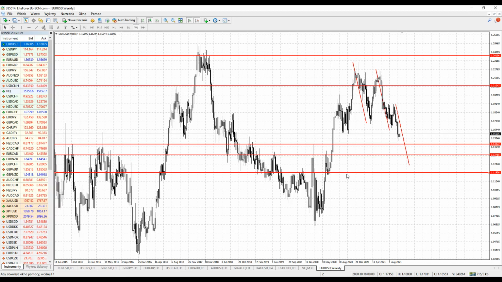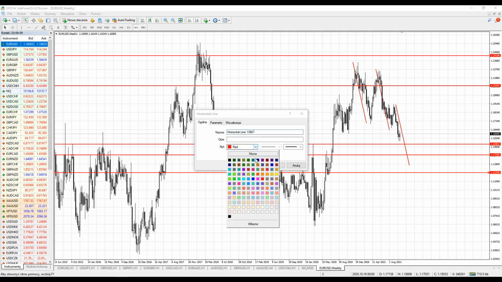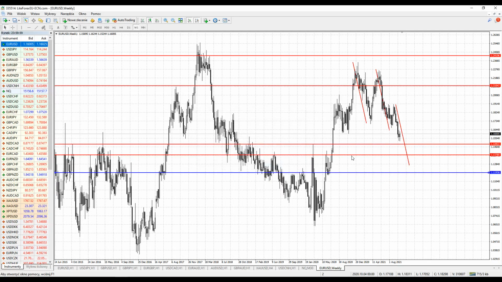All right, boom shakalak. Blue color. All right, so that's how we work with the top-down analysis. Well, it's quite an important level if we are looking to the left side of the chart. All right, pretty nice.